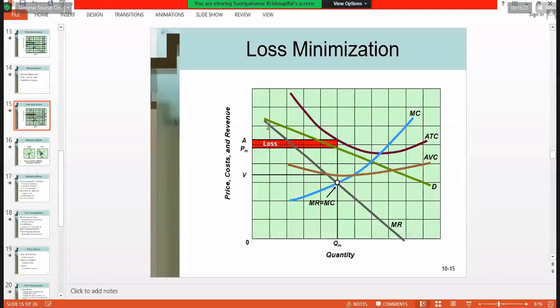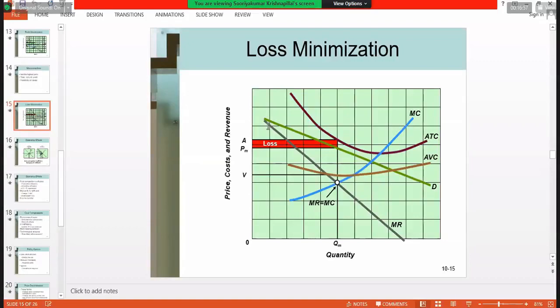Now we have the average total cost, marginal cost, average variable cost, demand and marginal revenue. Now the demand curve is below the average total cost curve. So the condition for profit maximization or minimum loss: if they are getting profit, the condition for the highest profit is marginal revenue equals marginal cost.